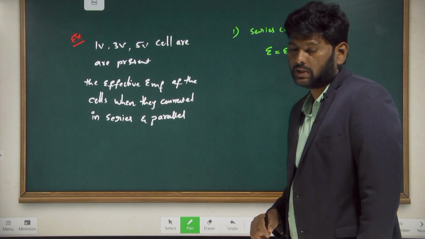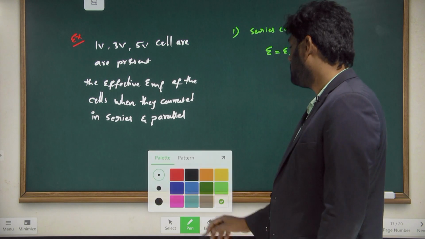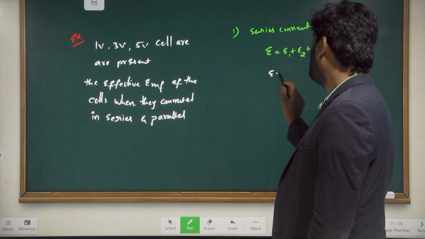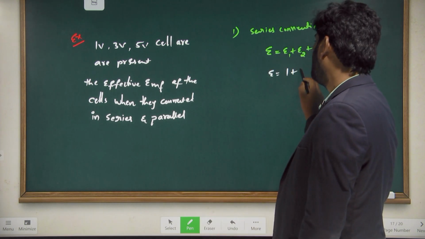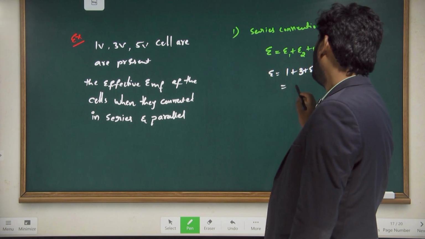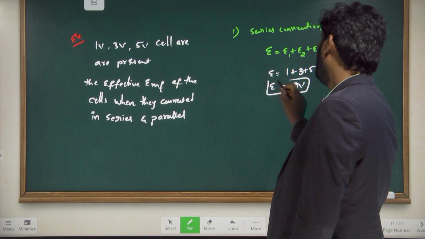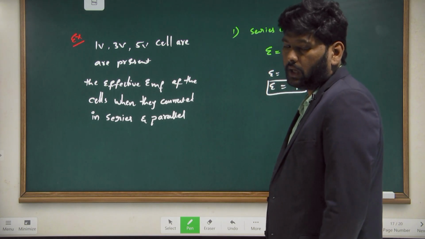So E is equal to 1 plus 3 plus 5, which is equal to 9 volt. So the total EMF of the cells is 9 volt.